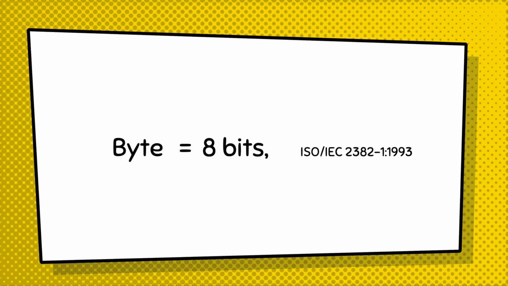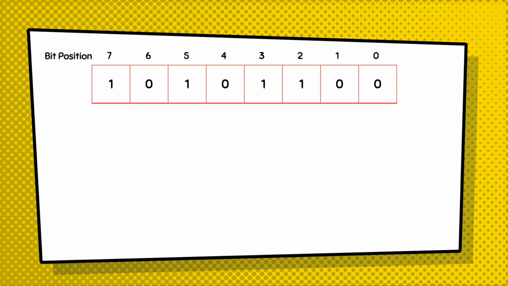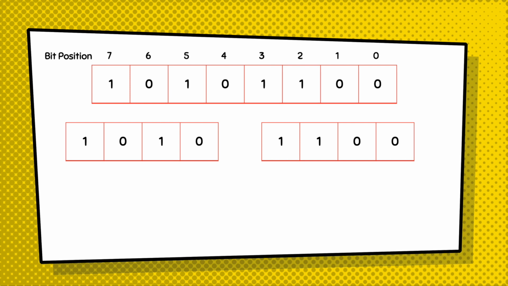To represent a byte, we usually use hexadecimal numbers. For example, suppose we have a byte with bits 10101100. We then split these 8 bits into two groups. The first group is the highest 4 bits, and the second group is the lowest 4 bits.